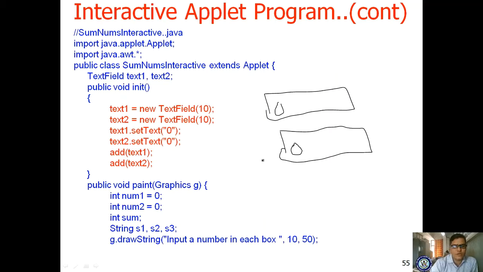While displaying, it shows 0 and 0. For this you are using text1.setText and text2.setText. What is the purpose of setText? It is setting the value to your fields, your objects. Got it?